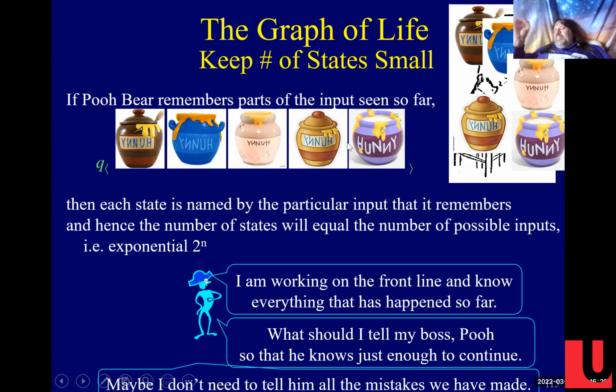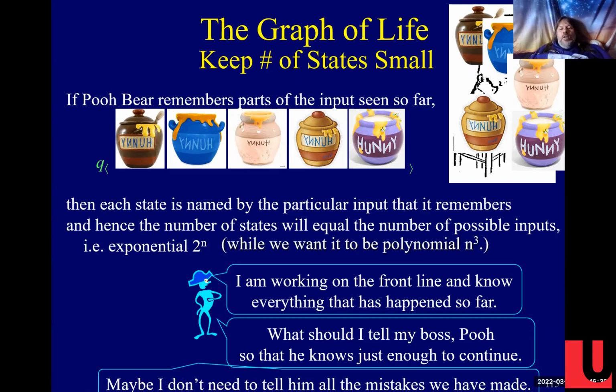And we're going to have to eventually look at every state, so that would be an exponential number of states in our graph. We can't remember all of that. We want to have only a polynomial number of states, so in some ways we can only remember a log amount of information.